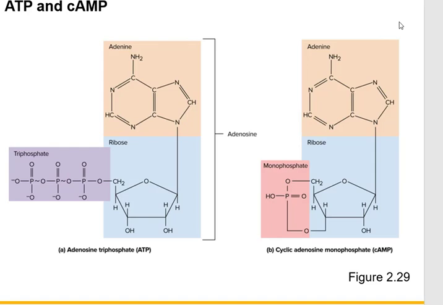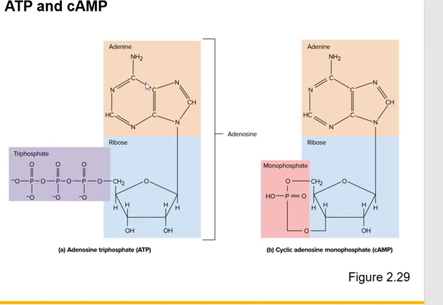And last but not least, the fourth group of macromolecules that you need to know about are your nucleic acids. So you have DNA and RNA, which are the nucleic acids that you're familiar with, but you should also know that ATP belongs to the group that contains the nucleic acids. And when we talk about second messengers, we're going to talk about cyclic adenosine monophosphate, or cAMP for short. These nucleic acids have a sugar molecule. It's not glucose.